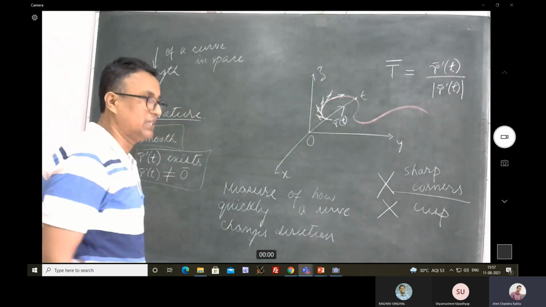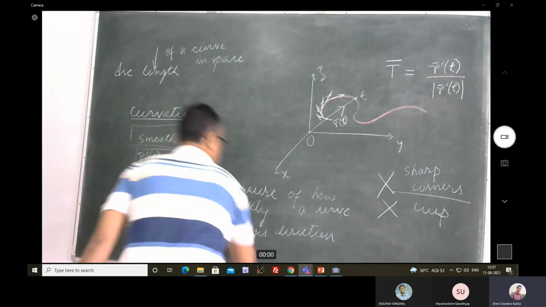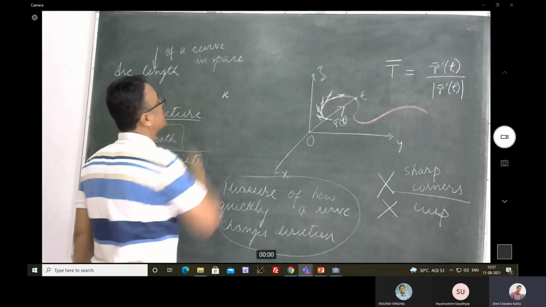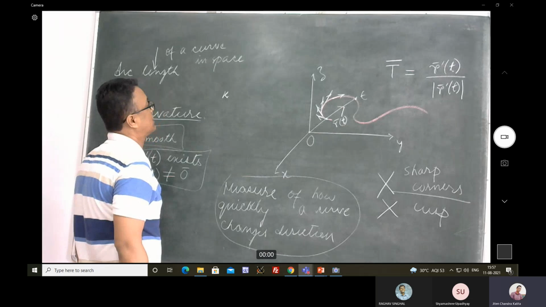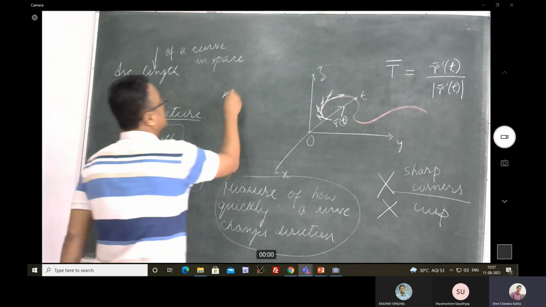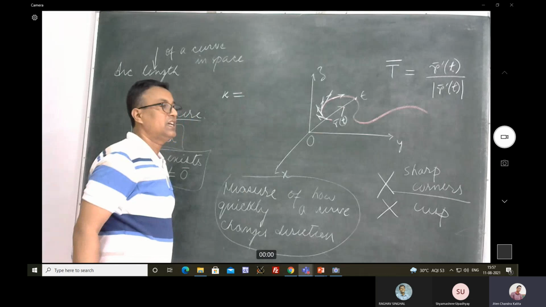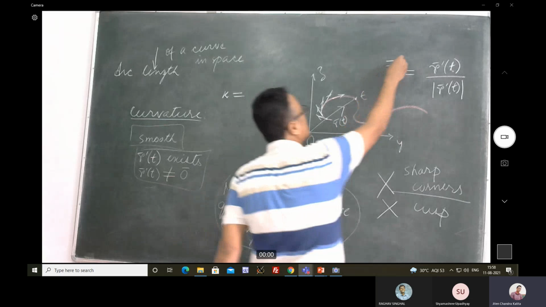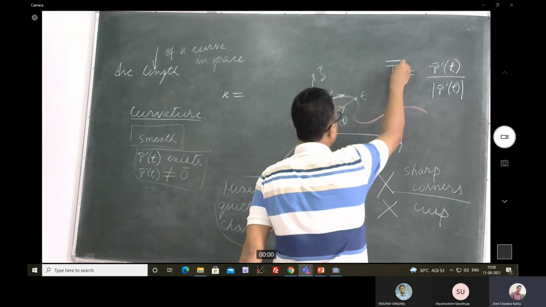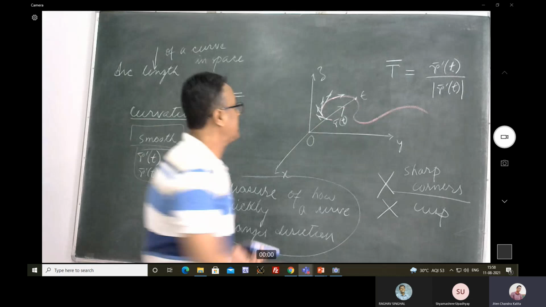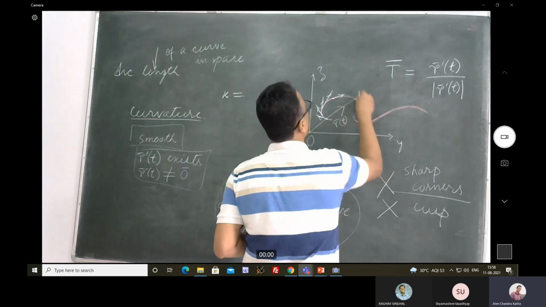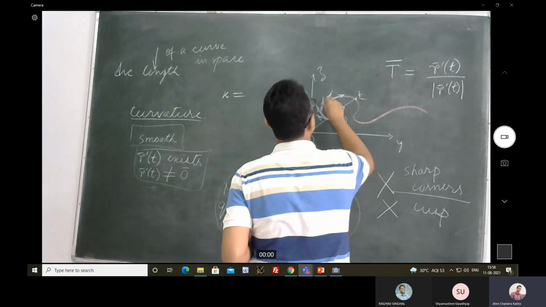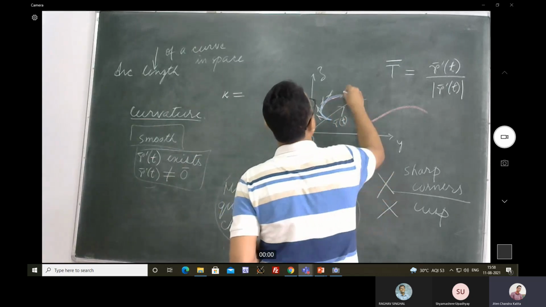Then this measure is defined as the curvature, and it is denoted by the Greek letter kappa, and it is defined as the magnitude of the rate of change of the unit tangent vector with respect to the arc length. Suppose at this particular point my arc length is this, so this is S.